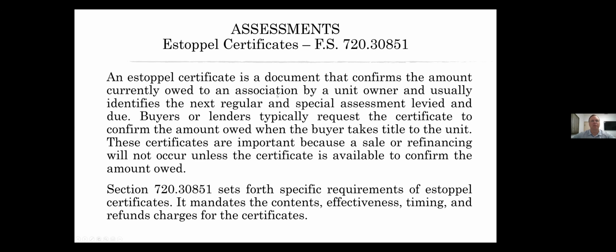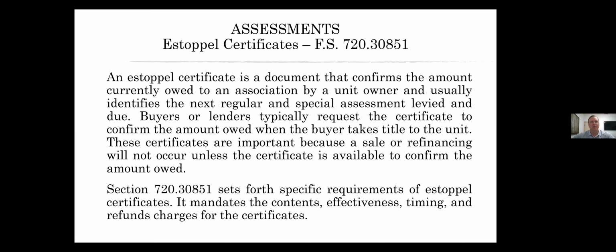Estoppel certificates: you will become familiar with these because every time an owner goes to sell their property or maybe refinance their mortgage, their lender usually, or the title company doing the sale or the attorney doing the sale, will ask the association for an estoppel certificate.